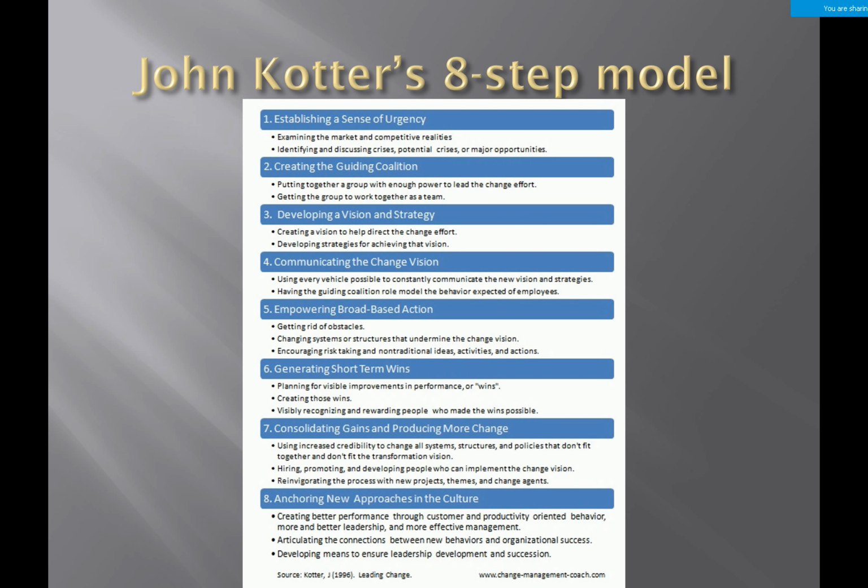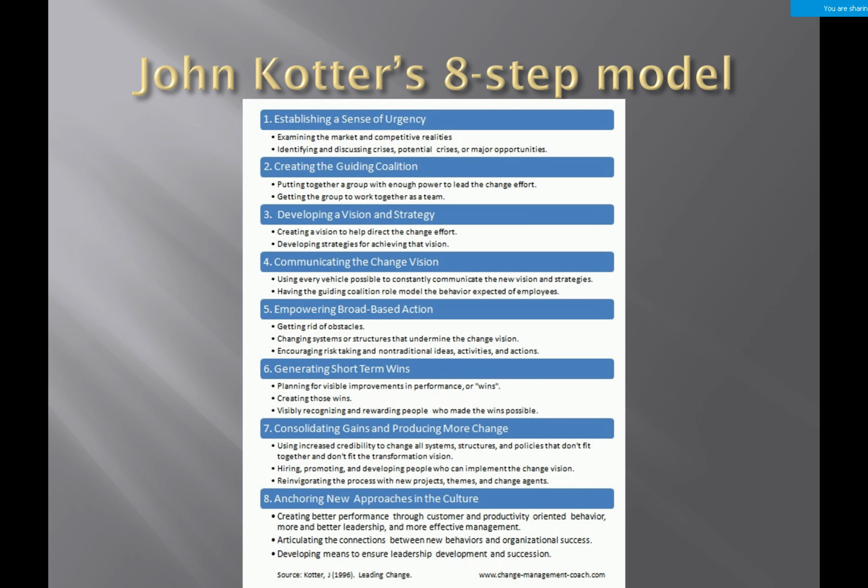Now, Kotter's change approach is quite different from the so-called traditional approach, right? Although it bears resemblance to Lewin's 3-step model, it also differs completely from Lewin's model. Why? Because Lewin's model didn't stress establishing a sense of urgency.